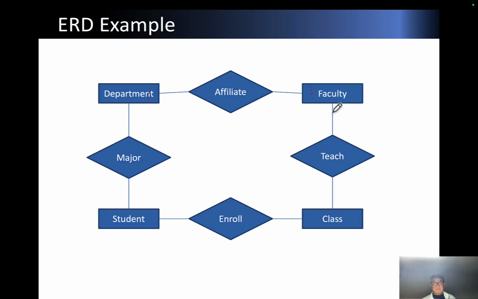Similarly, we have class and faculty, then faculty teaches a class, right? A class can be taught by a faculty. In some cases team teaching may be available, then one class here and two faculty may be related. In that case, there is team teaching. So we can represent that here.